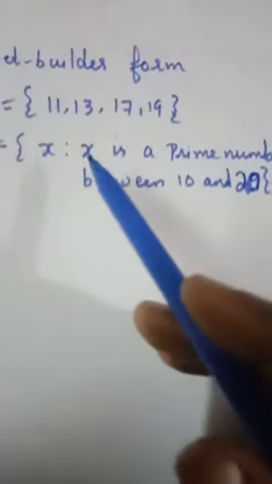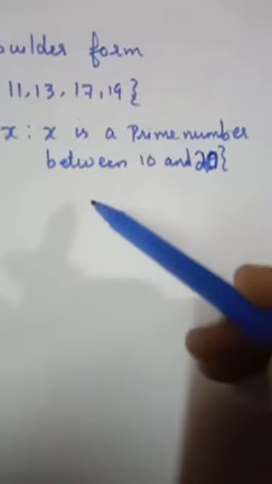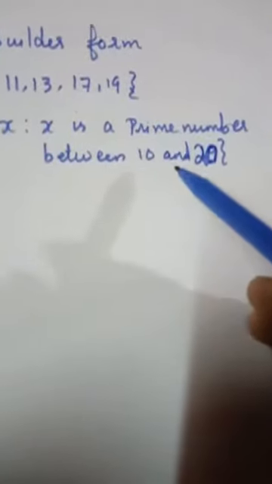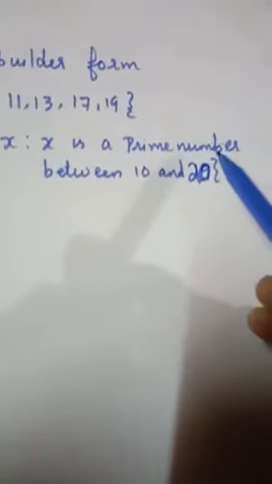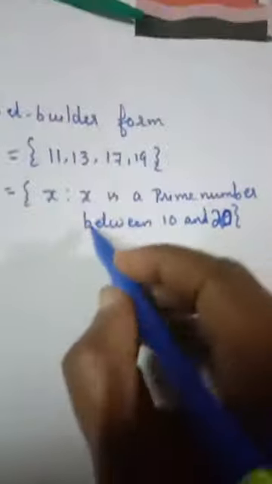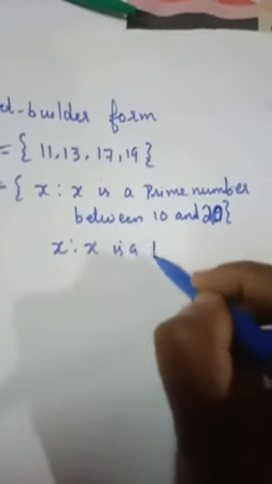Otherwise, we can write x such that x is a prime number, 11 less than or equal to x less than or equal to 19. That is also correct.